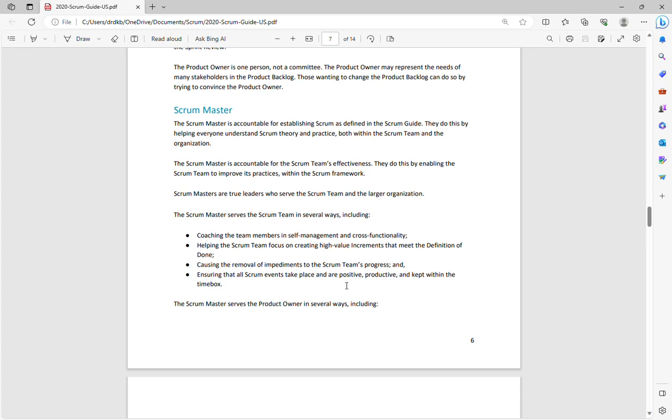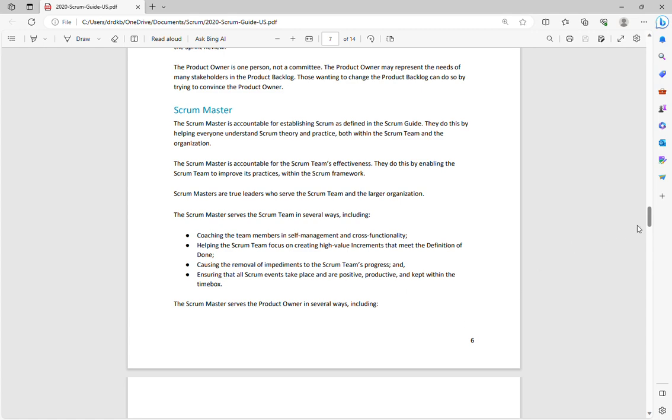It has a specific time box within which the event needs to be completed, and to keep it time boxed, the Scrum Master needs to plan in advance. He needs to think about whether the attendees understand the purpose of the meeting, and he needs to decide the structure of the event and how to stay focused during the event. So all these things he needs to plan in advance so that he can keep the event time boxed.